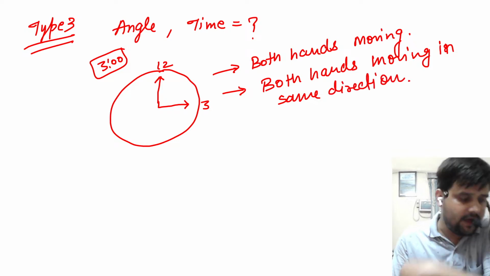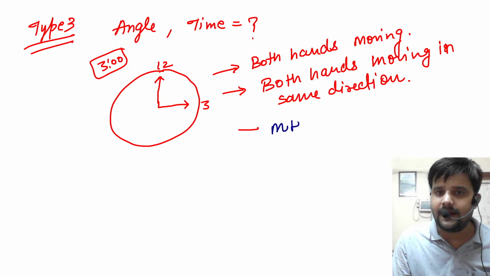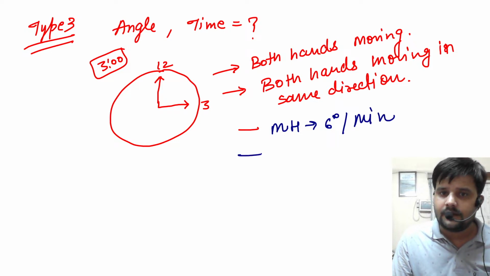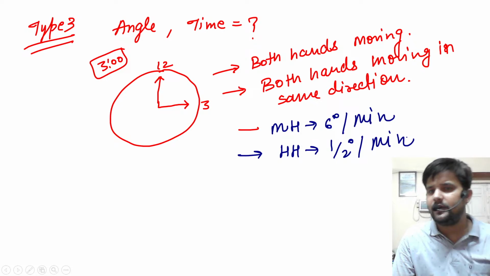And third point, we know that the speed of the minute hand is 6 degree per minute and the speed of the hour hand is half degree per minute. Just remember these points.